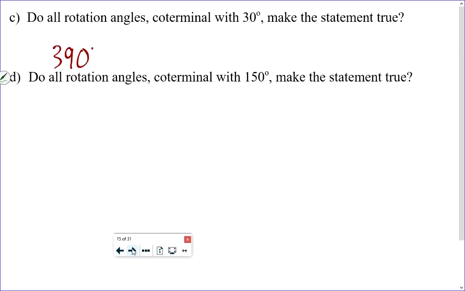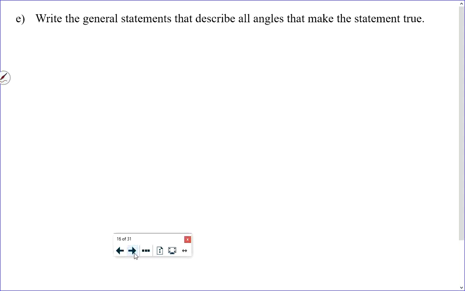So yes, the reason for it is, as long as you land at that location, the ratio of y over r is going to be 1/2. Doesn't matter how you got there. Whether you went around 1,000,000 times and then stopped there, or you went backwards 120 times and then stopped at a particular place. Okay, so write the general statements that describe all angles.